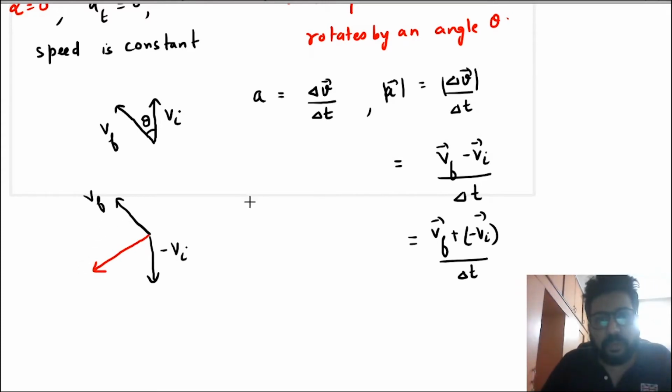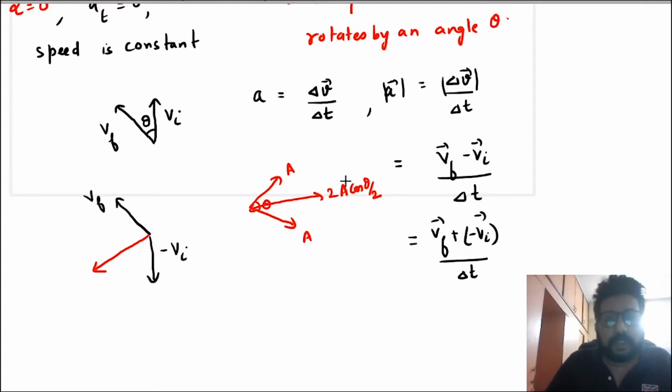If you have two vectors A having same magnitude and they are at an angle theta with respect to each other, then the resultant of these two vectors is along the bisector and the magnitude is 2a cos theta by 2. In the same way here the magnitude is same, so the resultant will be along this angle bisector, and if this angle is theta, this angle is 180 minus theta.